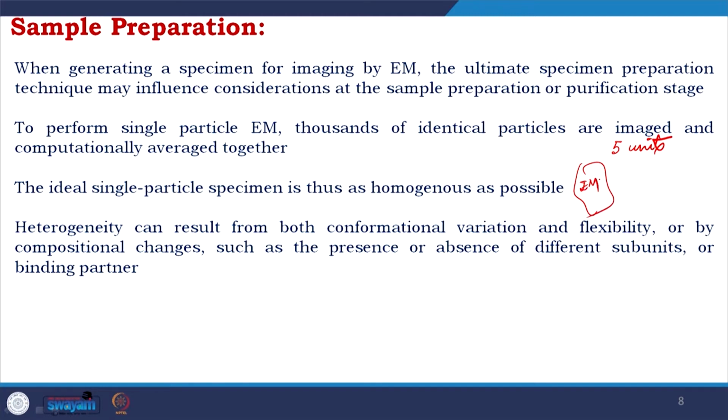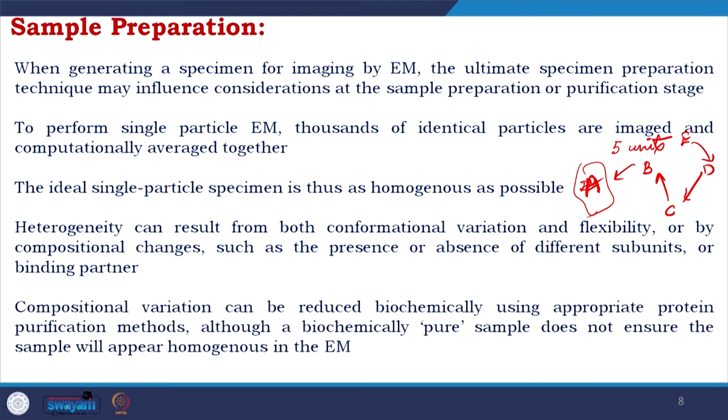So, you put molecule A and then you add B, then C, then D, then E. In that way there would be a changing composition of the subunits and binding partners, changing the homogeneity of the solution. This is not good for single particle electron microscopy. If you have to do single particle electron microscopy, you have to make a stable unit and then use this homogeneous unit. Compositional variation can be reduced biochemically using an appropriate protein purification method.